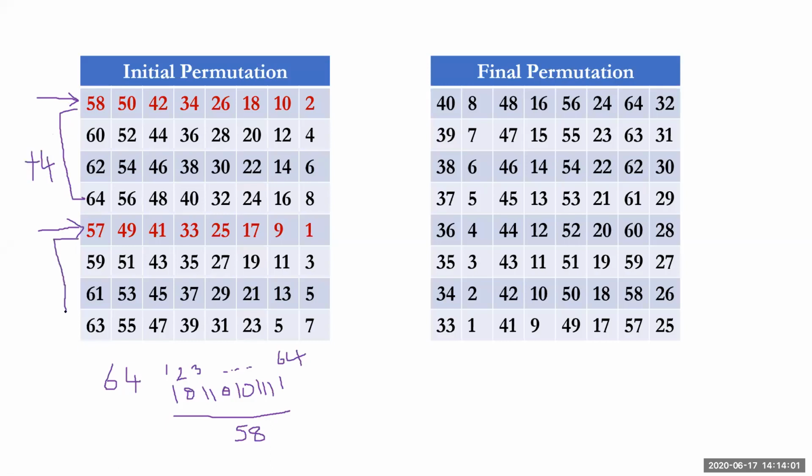Sorry, this is +2, and here also +2. On the row side, from here to here it is -8: 58 minus 8 is 50, minus 8 is 42, minus 8 is 34, and so on.